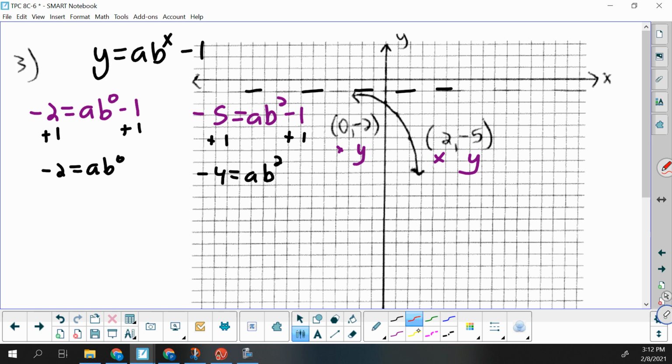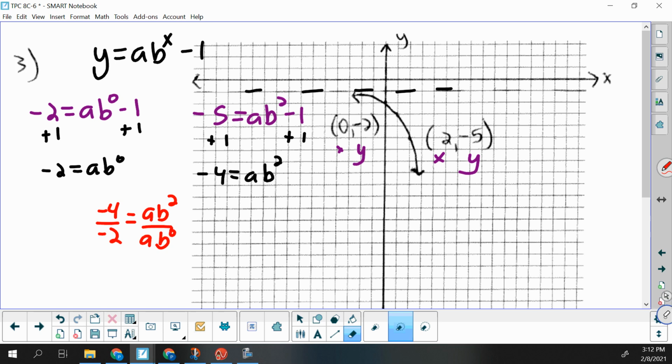We'll now divide our equations with the bigger exponent on top. So for me, that's my right-hand equation. So negative 4 over negative 2 is equal to a times b squared over a times b to the 0. Negative 4 divided by negative 2 is just 2. Oh, wait a second.